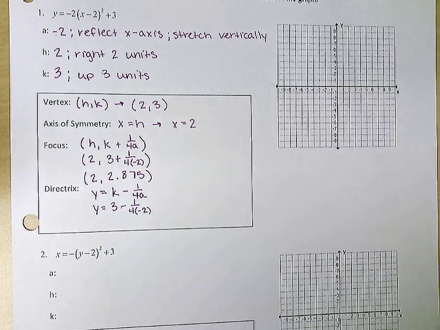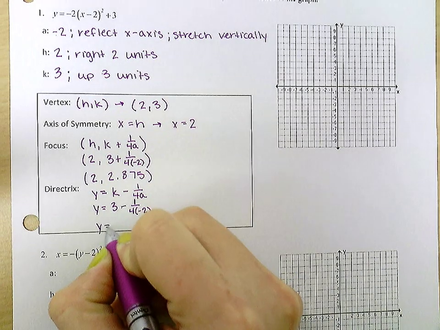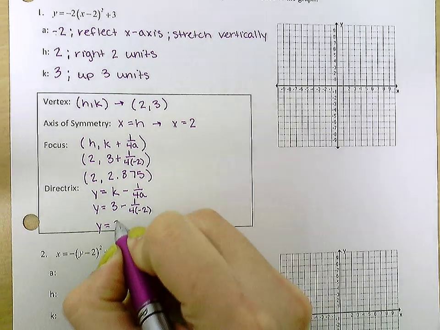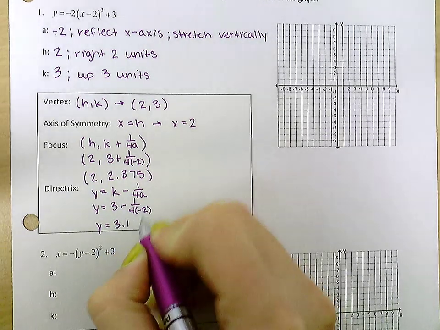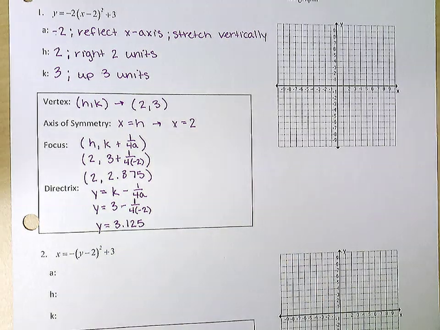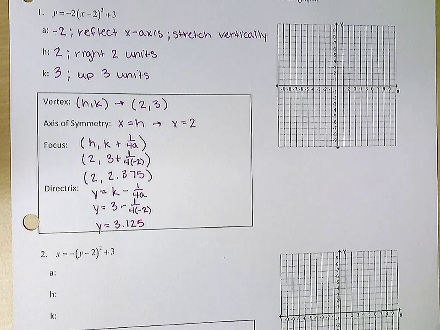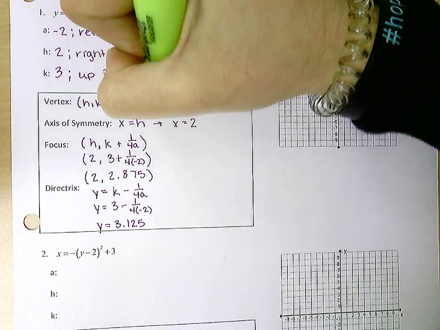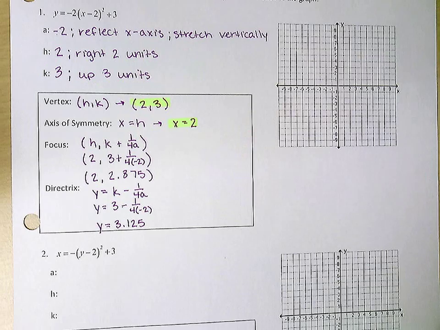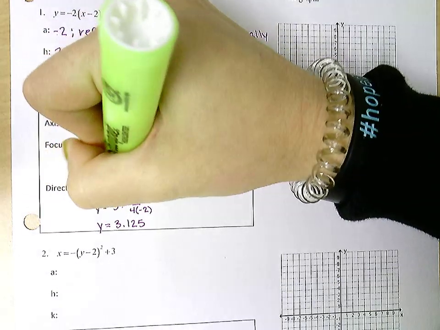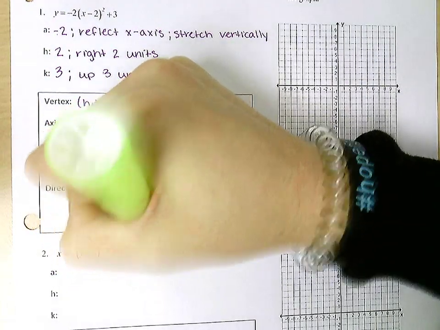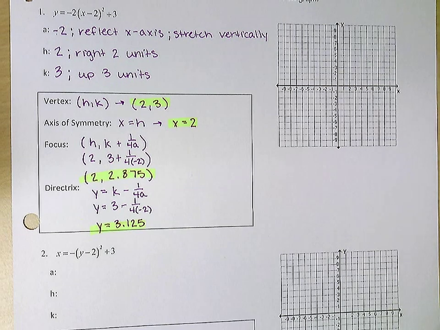Again, you can just plug it into your calculator, get a decimal. So we end up with y is equal to 3.125. So we have each of our answers here: our vertex, our axis of symmetry, this one is our focus, and this is your directrix. Those were the answers for each of those with their steps.